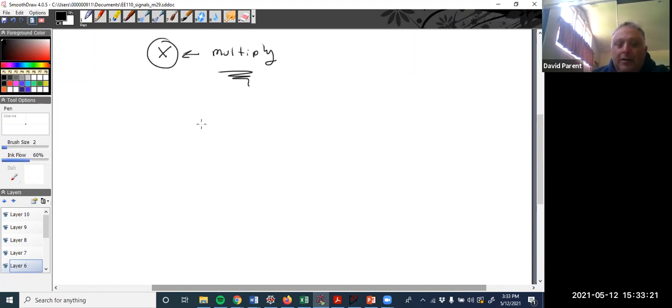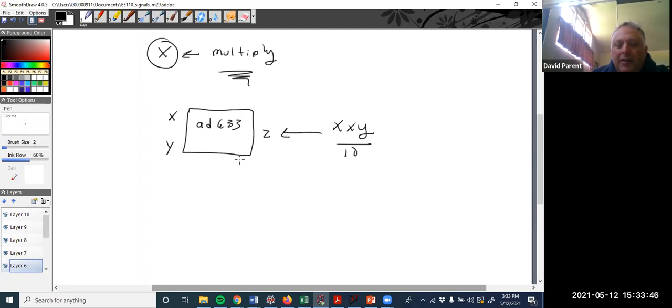And there is a multiplier part, the AD633, from Analog Devices. I'm not going to show you all the pins, but you have an X, a Y, and a Z, and it's X times Y divided by 10. All right, now there's other things that go in there, but that's the function, right?